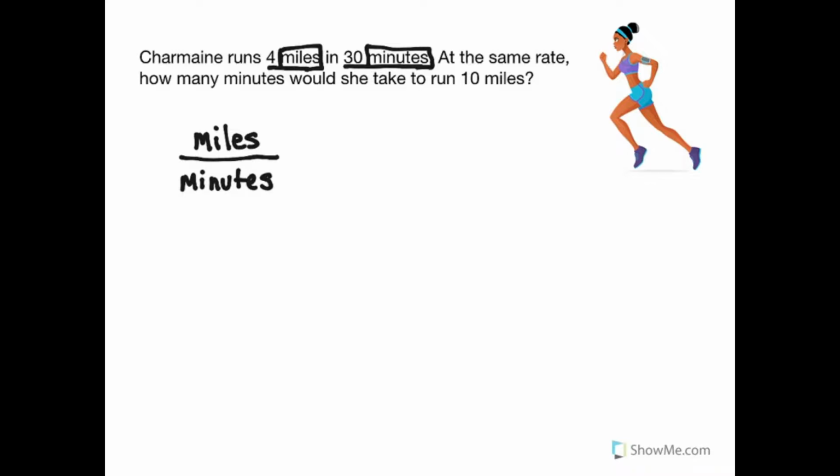You could have written minutes on the top. It wouldn't make any difference in the end, but you have to choose. So she runs 4 miles, so I'm going to put 4 in the miles spot in 30 minutes. So that's 30 in the minutes spot.